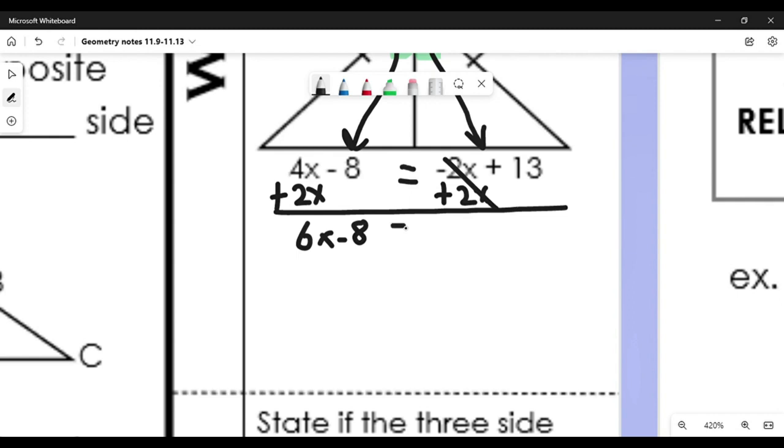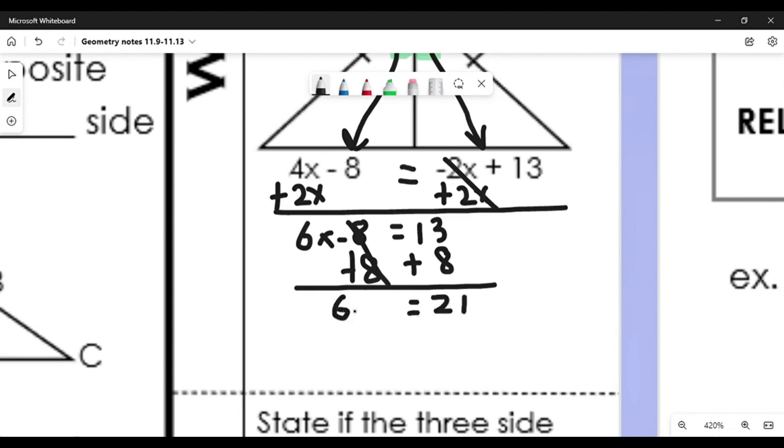Now we got to deal with this 8 over here with the 6x. So instead of us having this minus 8, we got to do the opposite, which is adding. All right. So I add the 8 to the other side. This gives me 21 as an answer. So I have 6x equals 21.